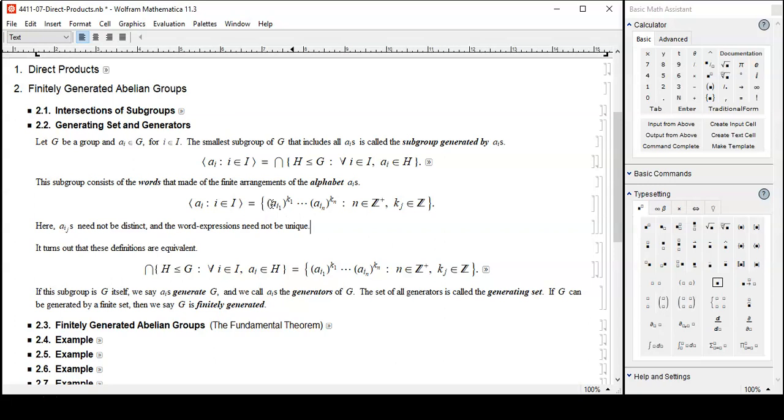Even if you have just 15 generators, a_1 through a_15, the word could go on for 5,000 terms. But you can always switch the order and simplify, so you can go back to at most 15 of those. So the word expression need not be unique, and the selection of those need not be distinct.